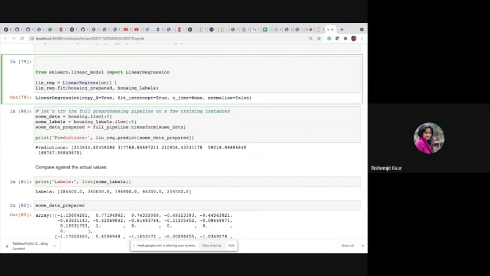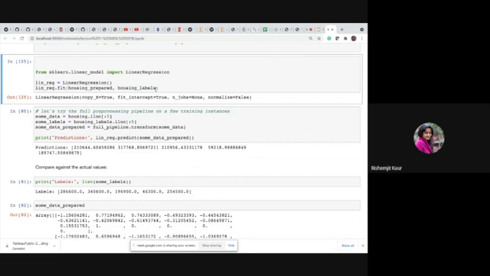We simply tell it that it is a linear regression model, and we define this object here. In order to train our algorithm, we use the dot fit method. We give it the input variable, which is x, and we give it the output variable, which is y, in this case our housing labels. Using this fit, it will train our algorithm.